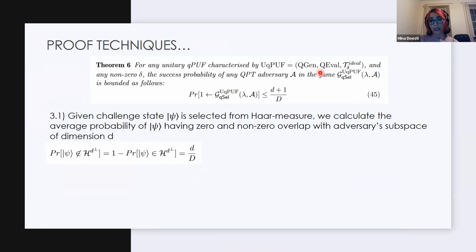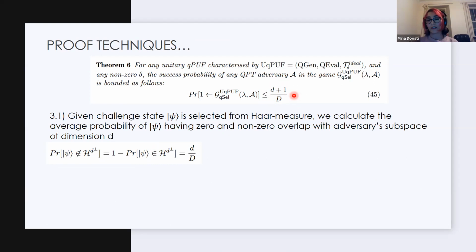For instance, here for selective unforgeability, this capital D is the dimension of the Hilbert space on which you apply the unitary, and usually you want to have an exponentially small success probability of the adversary.